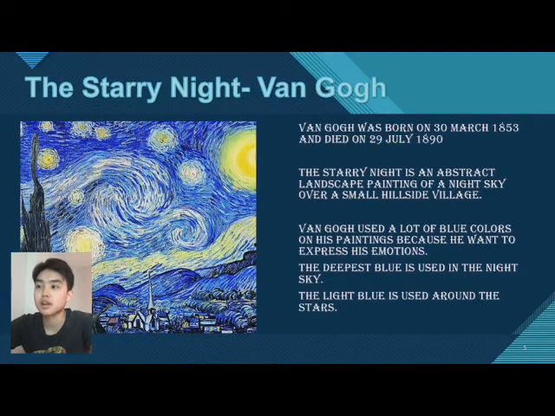Van Gogh used a lot of blue colors in his painting because he wanted to express his emotions. The deepest blue is used in the night sky. The light blue is used around the stars. In my opinion, I really like this painting because of how Van Gogh expressed his emotions, and the blue sky is really colorful.